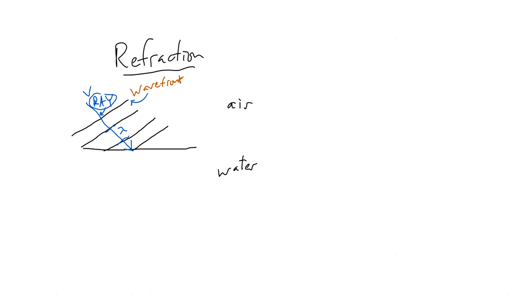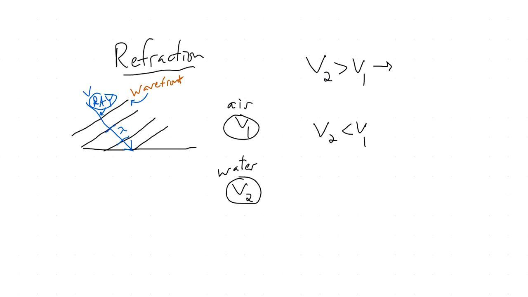When it hits the water, I hope it's clear that the water is faster. This is V2, this is V1. We're going to do any given material's velocity 1 and velocity 2. Now, velocity 1 could be greater than velocity 2, and velocity 2 can be greater than velocity 1, right? These each have a different outcome.